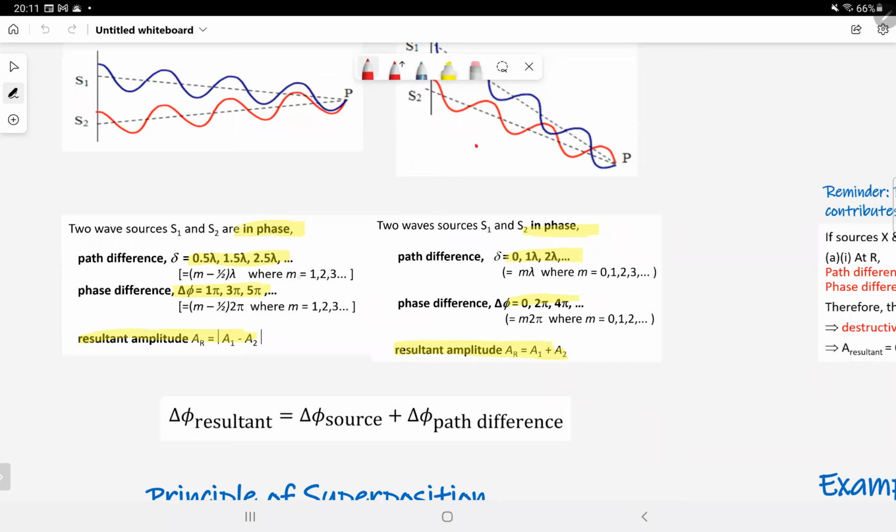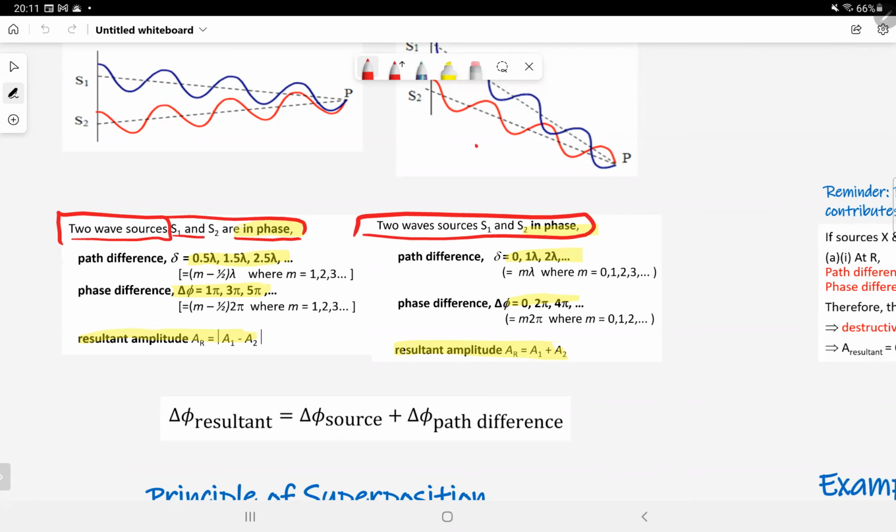So we simply say these two chunks of things contain two categories of information. First category is the information about the source, or whether they are in phase or not. I circle this: this is about source. Second piece of information is about path, and path also contributes a phase difference.